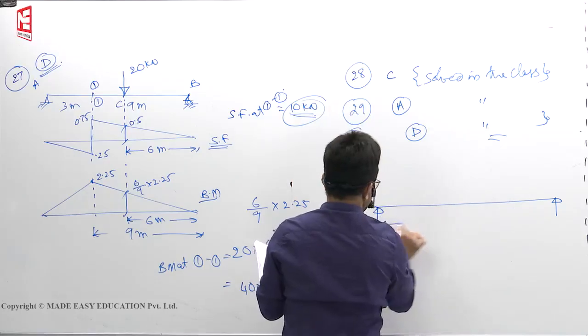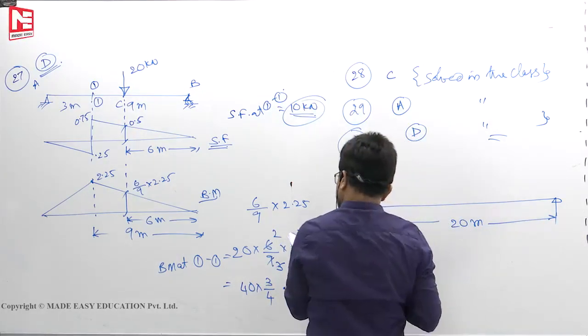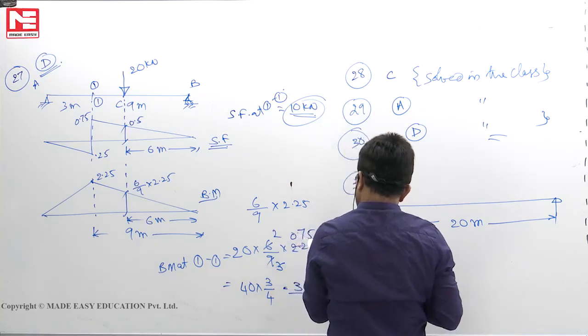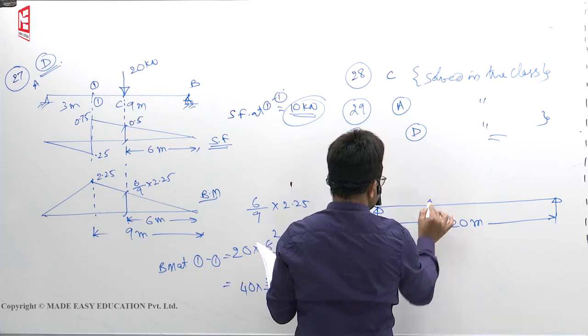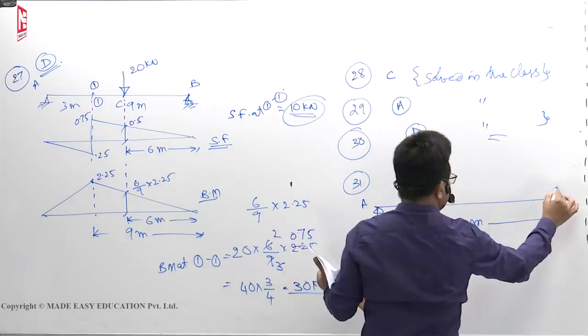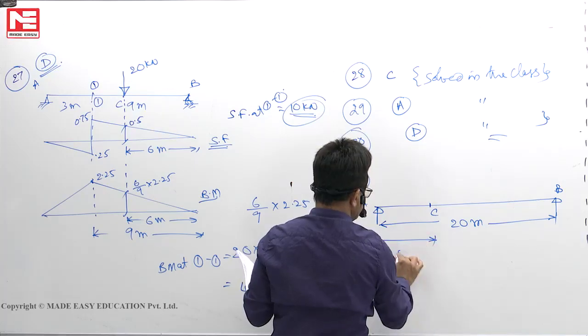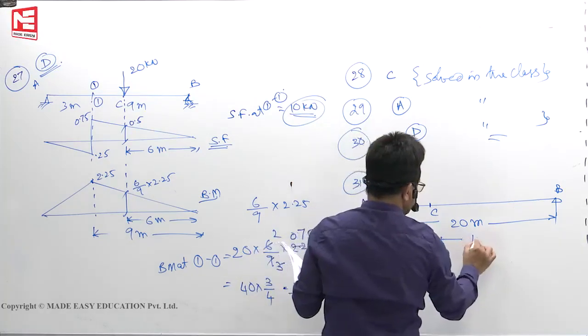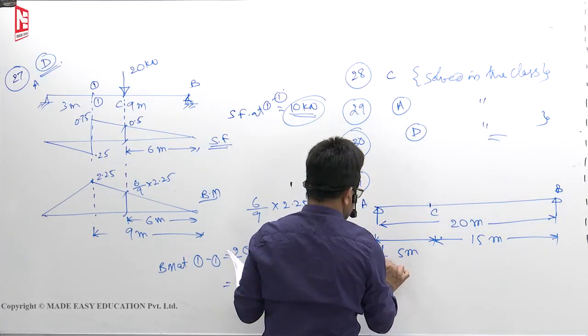Simply supported span 20 meters. Okay, maximum bending moment at the left quarter means this is the point. A, B, C. Left quarter means L by 4, 20 by 4 means 5 meters. This is 15 meters.